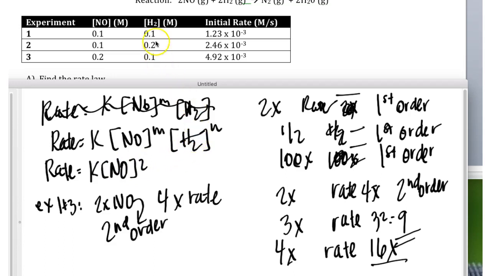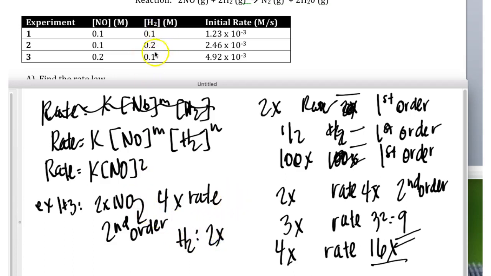Now look at H2. So H2, we could use 1 and 2, experiment 1 and 2. So here it doubles and here stays the same. So as H2 doubles, what happens to the rate? The rate doubles. So for H2, I'm going to write right here. For H2, it doubles.